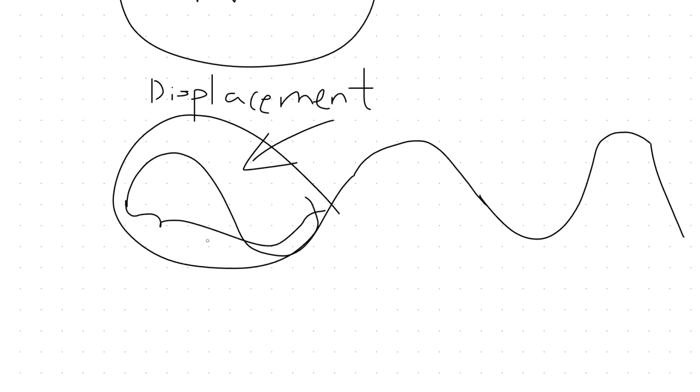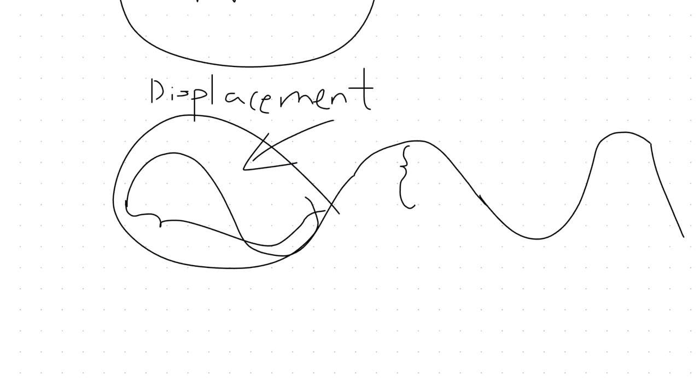And so basically this is what we call wavelength. And just for you to visualize it, the amplitude for a normal water wave would be this much.